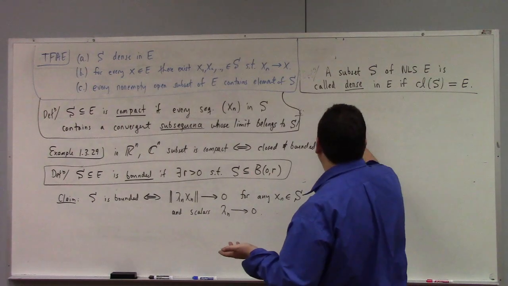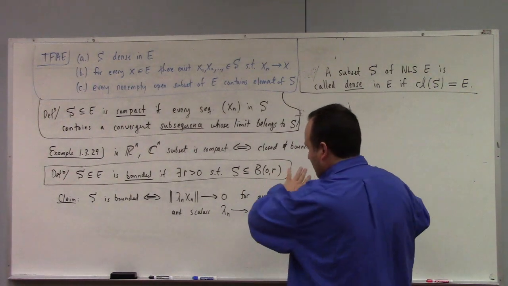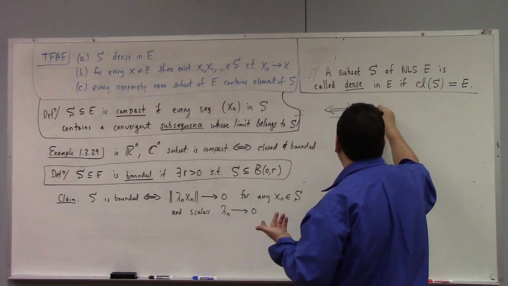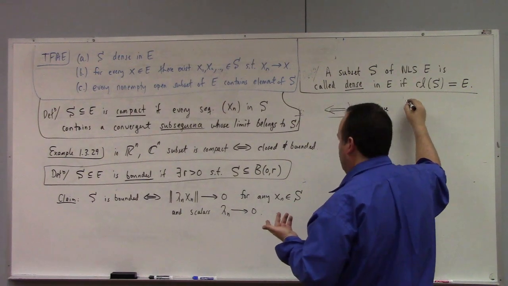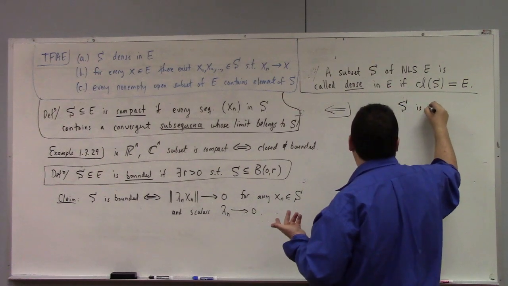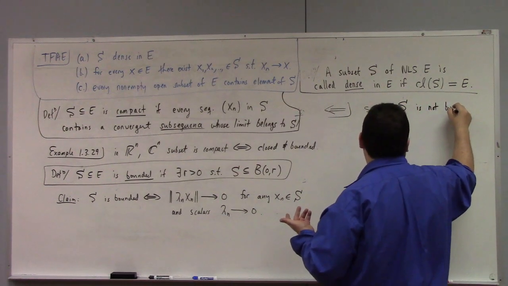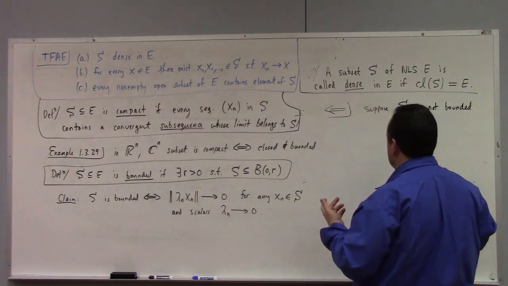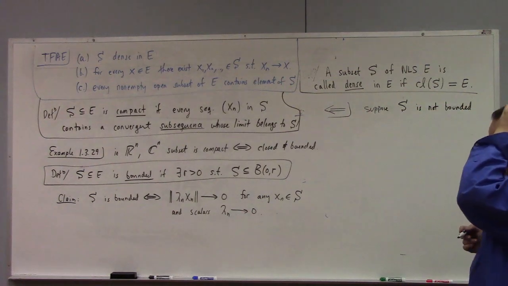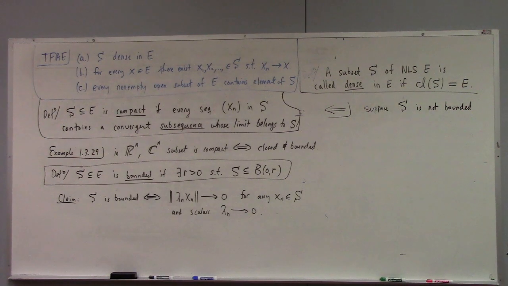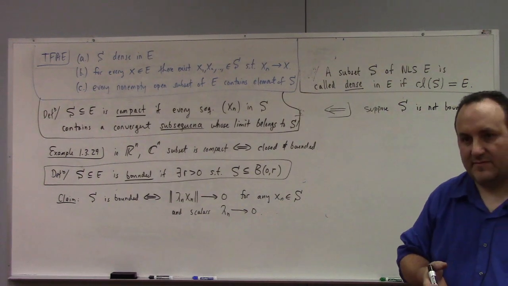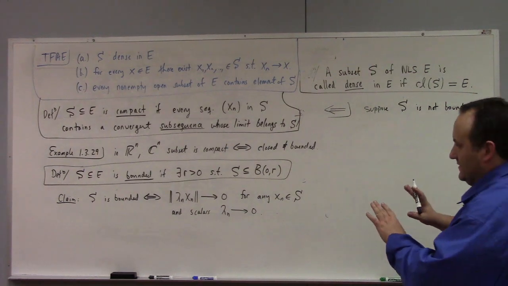Suppose you've got all this, and then suppose S is not bounded. Then the idea would be to show a contradiction as a consequence of this data.